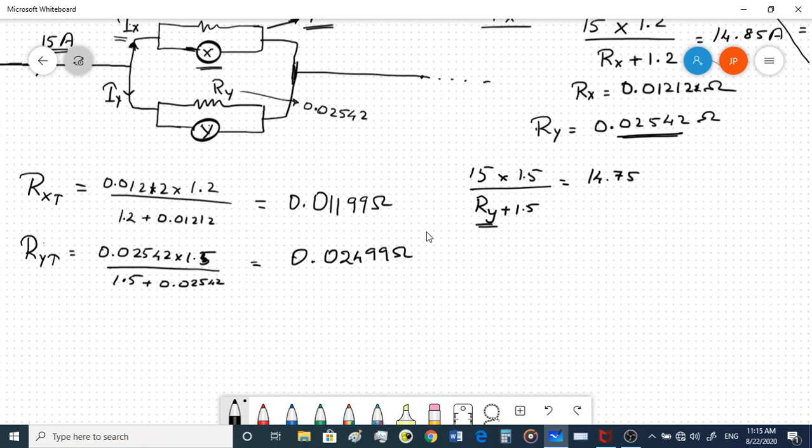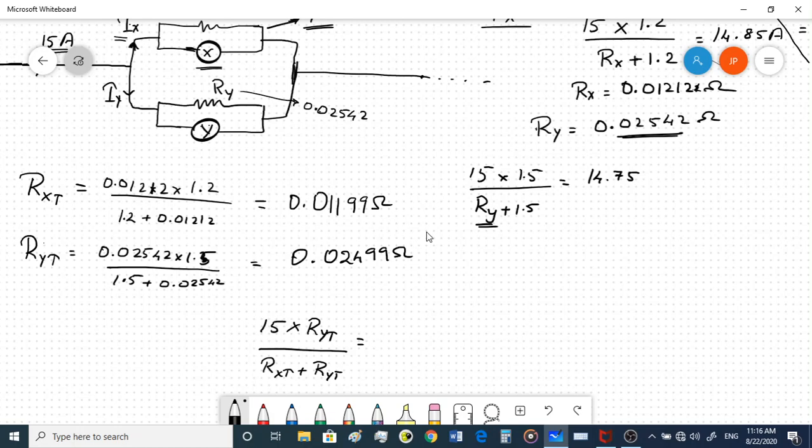Now if you apply the current division rule, you take 15 amperes and apply the current division rule. The resistance RYT divided by RXT plus RYT. So RXT is 0.01199 and RYT is 0.02499.